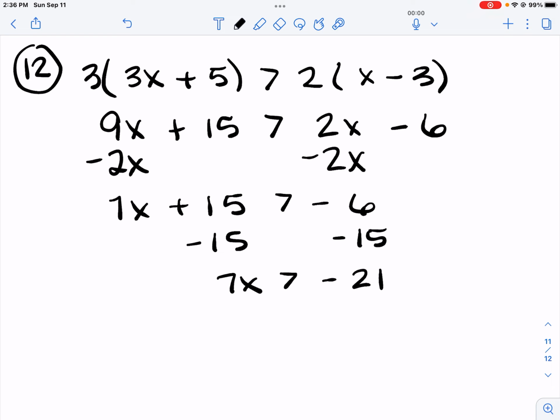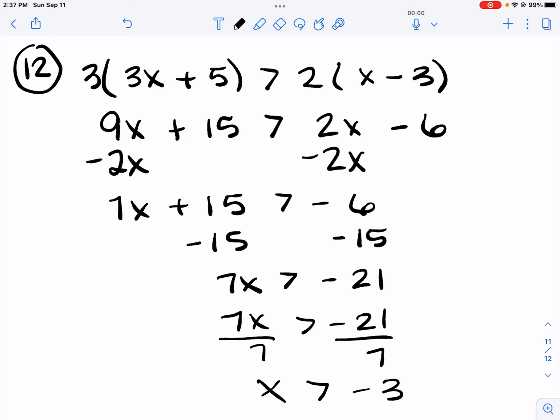Okay. Now notice our symbol has stayed the same because all we've done is subtract on both sides. Add and subtract is the same. Now we're going to divide by 7 on both sides. When you divide by positive 7, it stays the same.